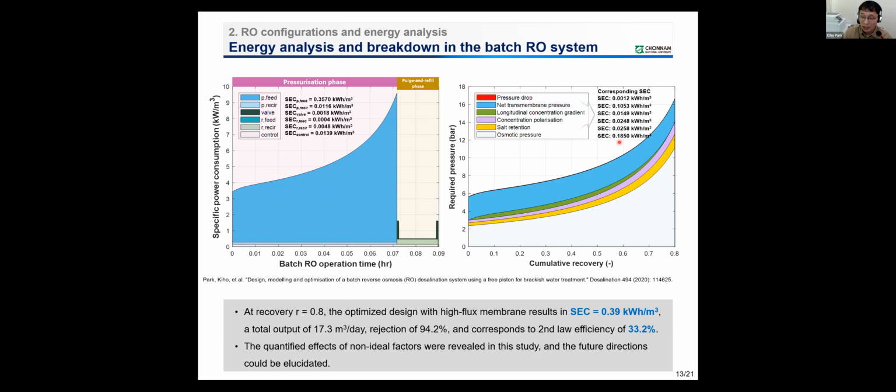This is our future direction to minimize each non-ideal factor, so the result can improve the energy consumption of the batch RO system in future.